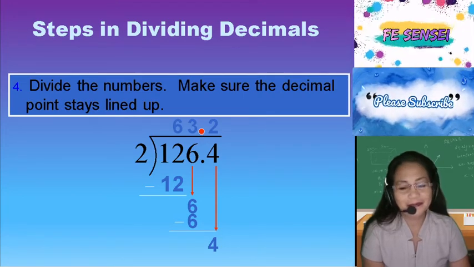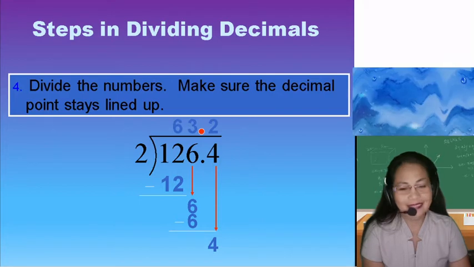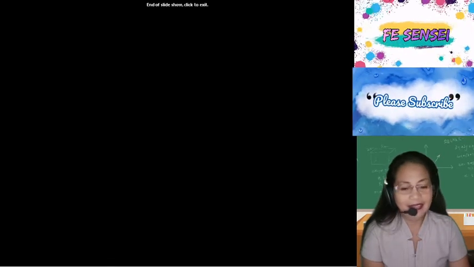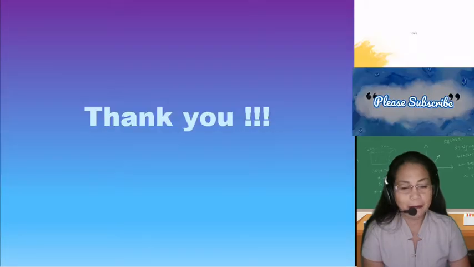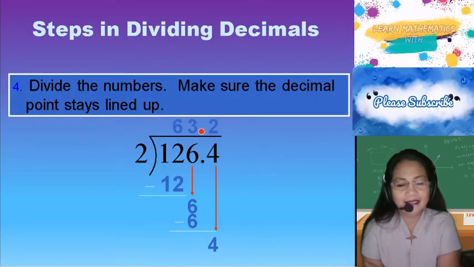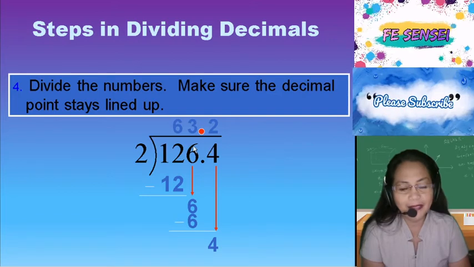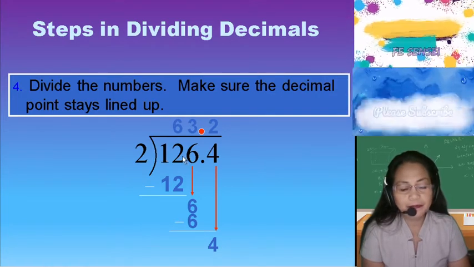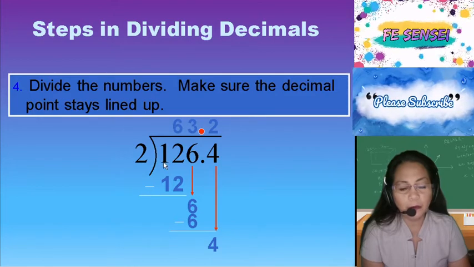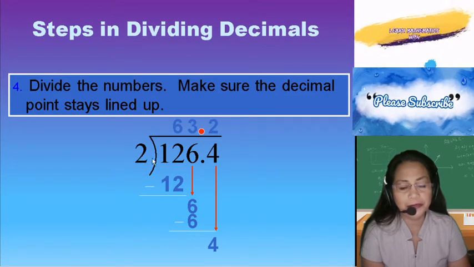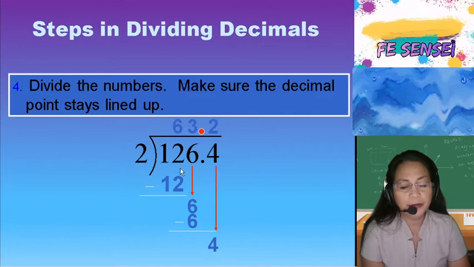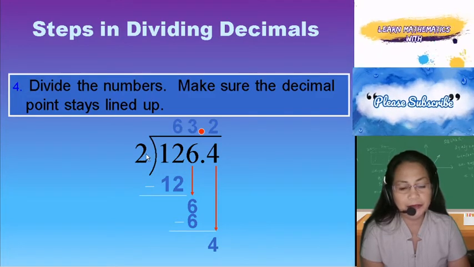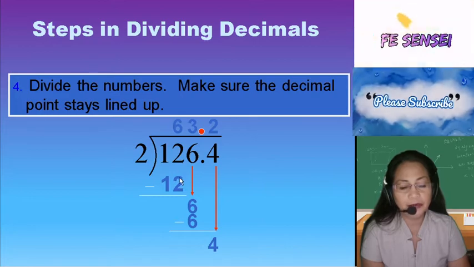Got it? Again, to divide 12, because if we're going to start on 1, then there is no 2 in 1. Therefore, the 2 digits, 12 divided by 2 is 6. 6 times 2 is 12. 12 minus 12 is 0.